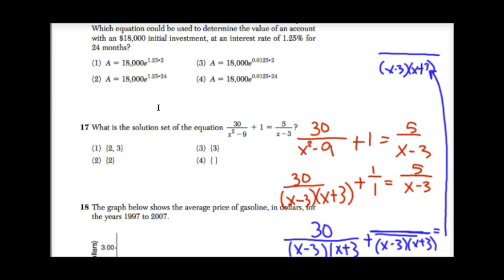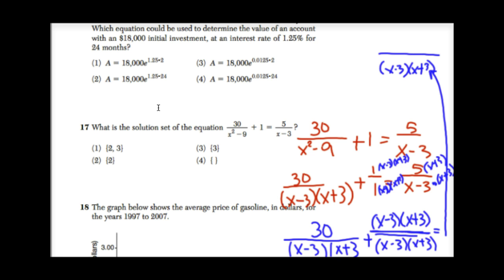Now, how do I take this 1 and make it x minus 3 and x plus 3? I will multiply this by x minus 3, x plus 3, since I did that at the bottom. So at the top, it will be x minus 3, x plus 3. Then it says equal 5 over x minus 3. So all I have to do here is multiply this by x plus 3.